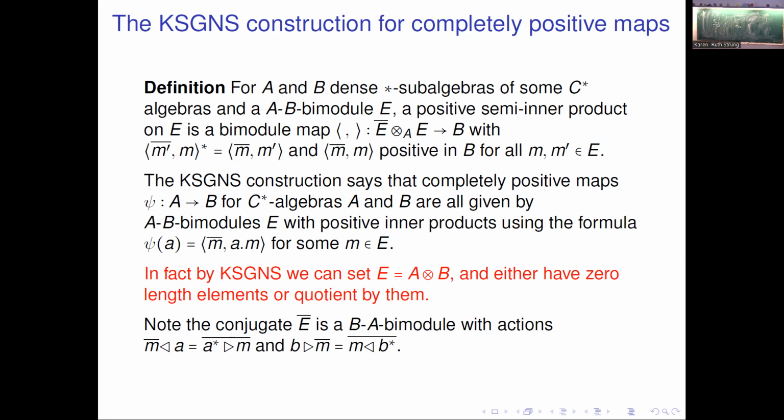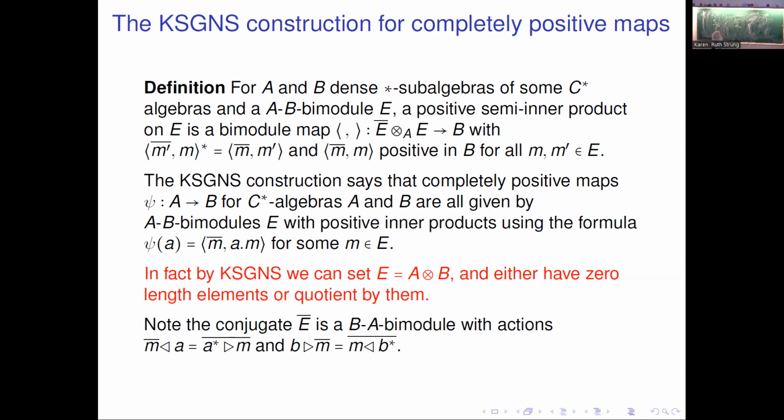So what I want to look at are maps which preserve positivity, but in fact, it's a lot easier if I actually say that it preserves positivity when applied to matrices, because there is an incredibly nice description of such things.